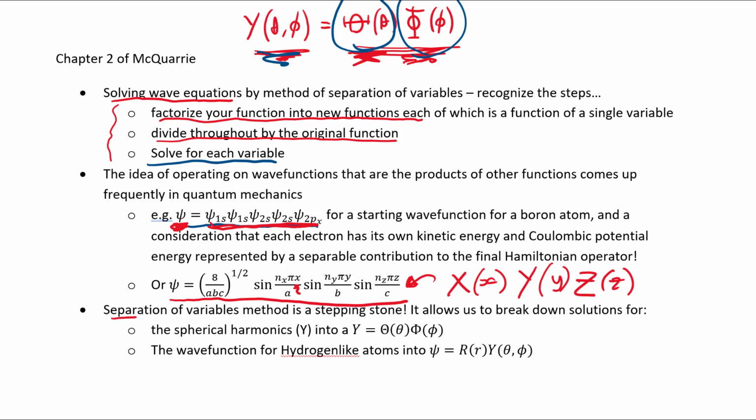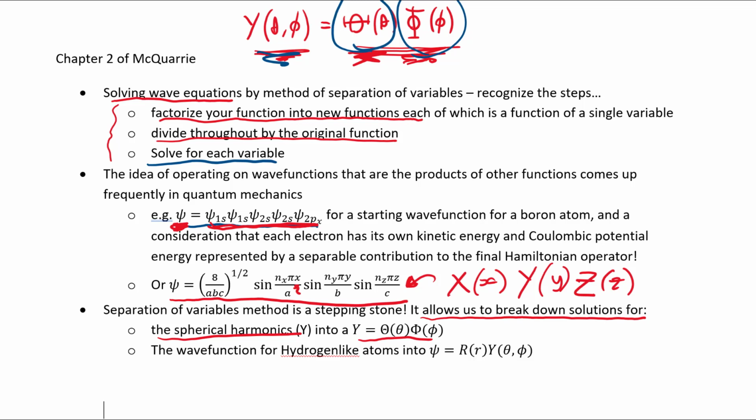So the key point here is the separation of variables method is a stepping stone. You can expect a question or two on the final exam that is going to require you to know this. And I think it helps in our understanding of the course material if we can follow through the math. What it does is it allows us to break down solutions, as I mentioned above, for the spherical harmonics into a theta function and a phi function.